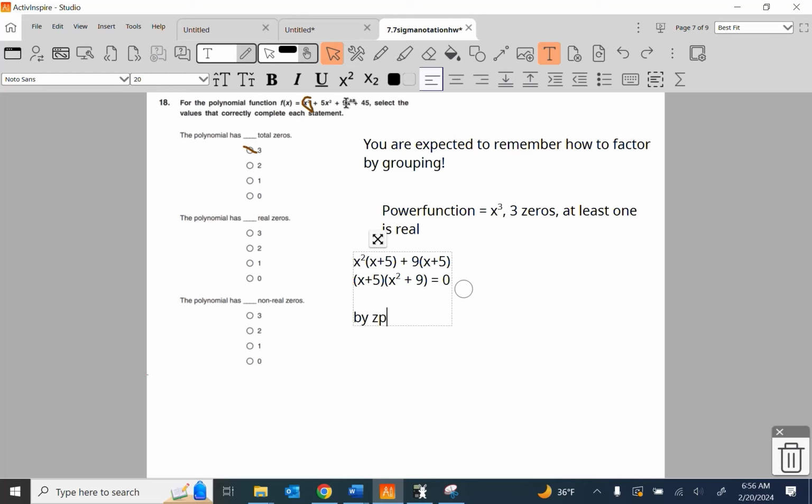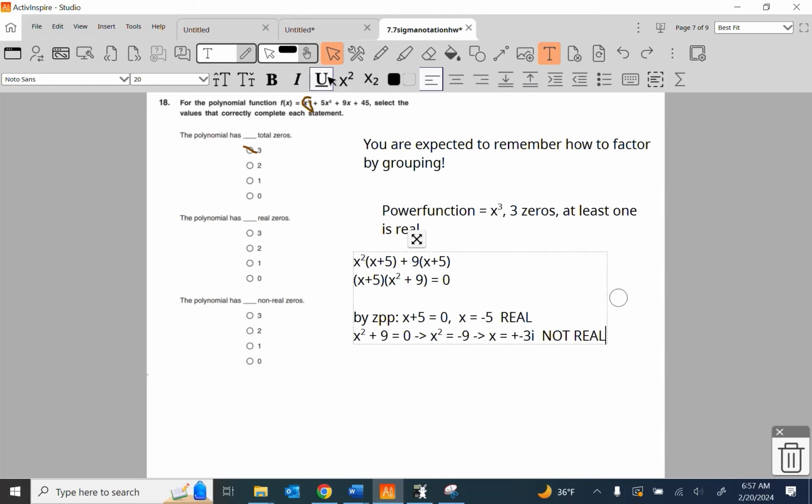Now by the ZPP, the zero product property, x plus 5 is 0, which means that x is negative 5, which is definitely real. And x squared plus 9 equals 0, which tells me that x squared is equal to negative 9, which means that x is plus or minus 3i, which is not real.